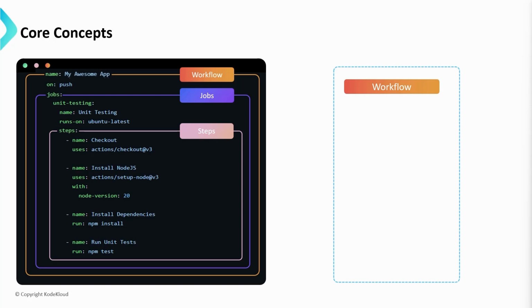In this example, the workflow is triggered for a push event, and we will talk more about triggers and events in a later session. The next core component is a job. Jobs are the building blocks of a workflow, and you can have one or more jobs within a single workflow. Each job is again associated with a runner.